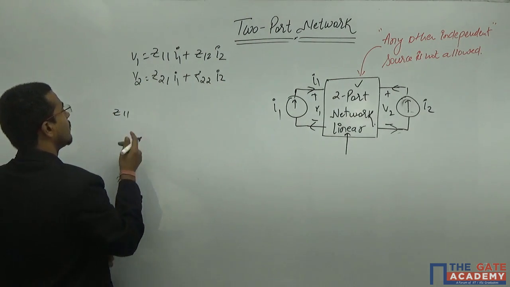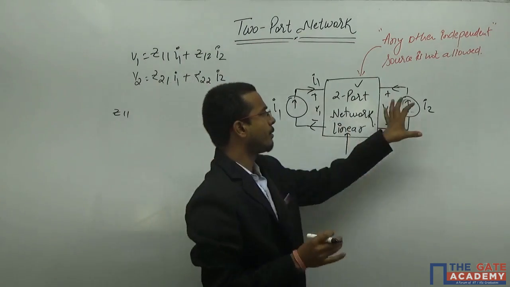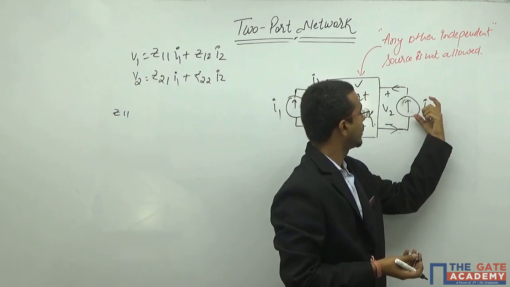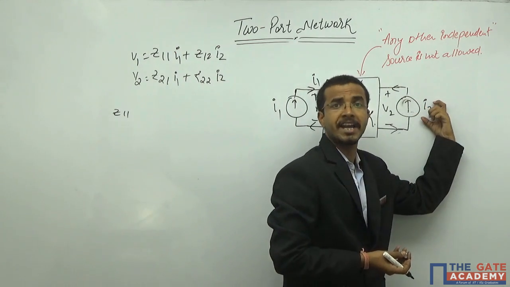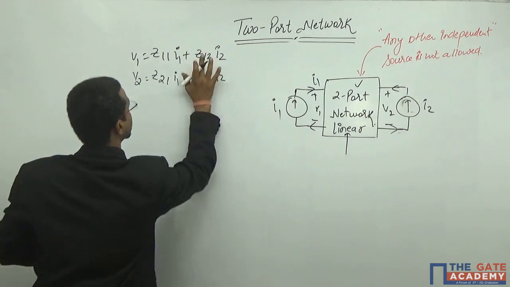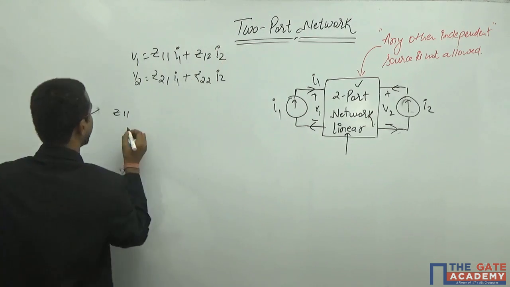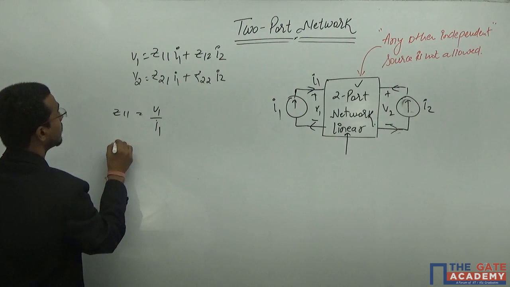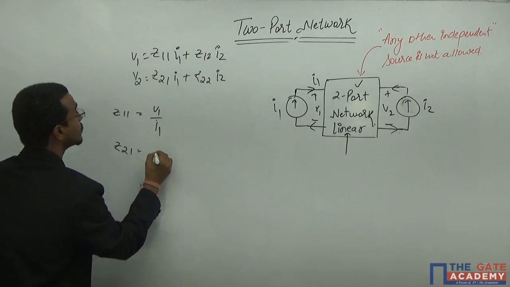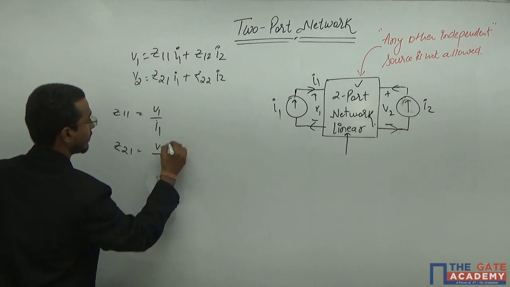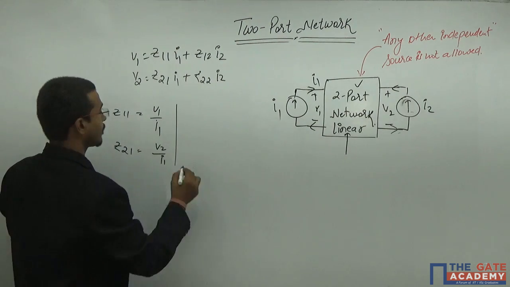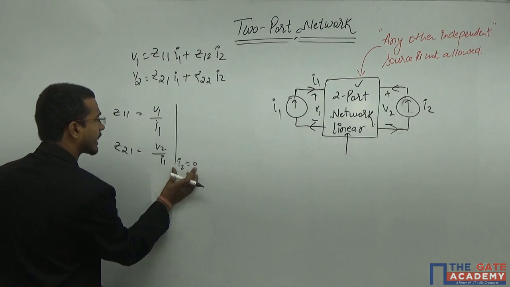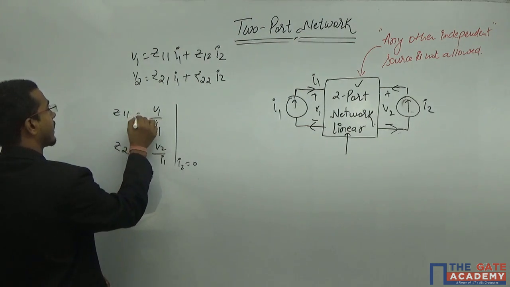Okay. Now, just define all these constant values, with whatever you are getting. Z11: firstly, assume that you are removing this particular source. Then how many factors can you calculate? If you eliminate this I2, then this particular side will go away and you will get Z11 equal to V1 by I1 and Z21 equal to V2 by I1, and here the condition will be I2 equal to 0. That means in this particular case, these two ratios you can calculate.